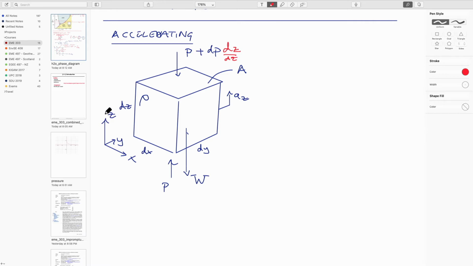Z is upwards in our right-handed coordinate system that we choose, and we'll choose that as a standard for our system. The arrow going to the right and then up means that it's attached to the thing dragging it up. So, yeah. And so we can take Newton's first law.